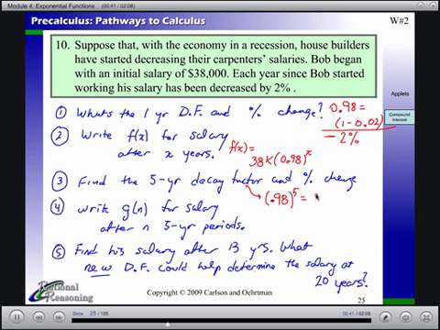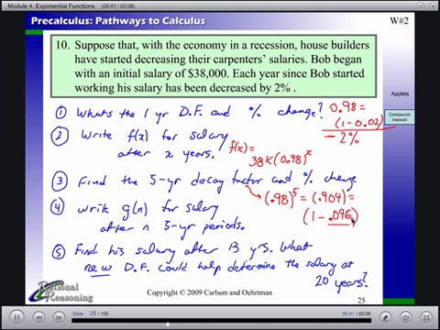And what do you get for that? 0.904. So write that as 1 minus, so what number do you subtract from 1 to get 0.904? 0.096.